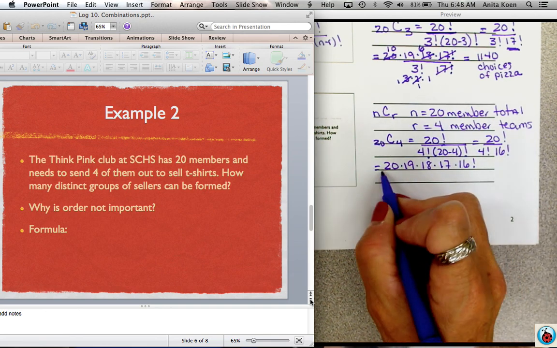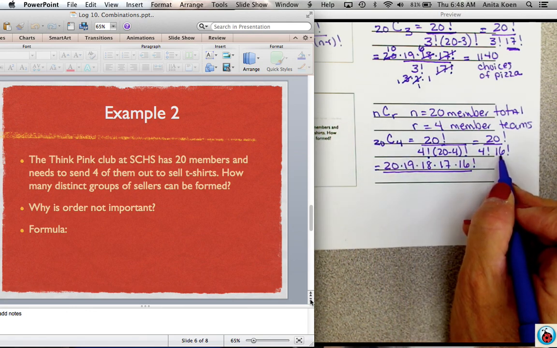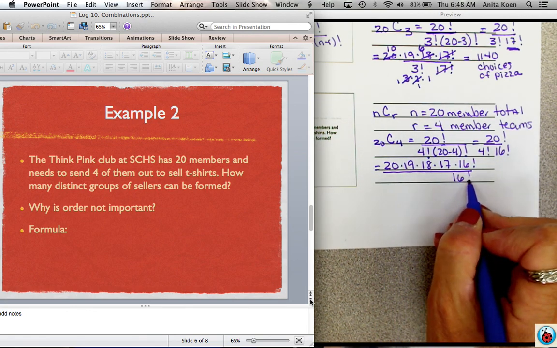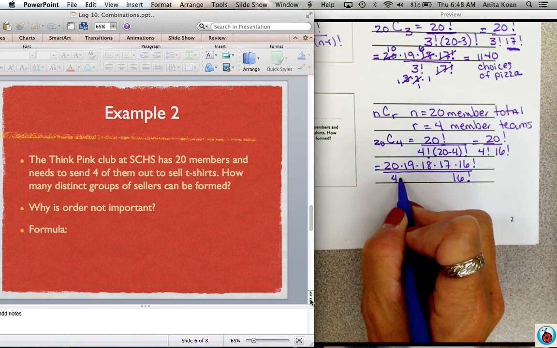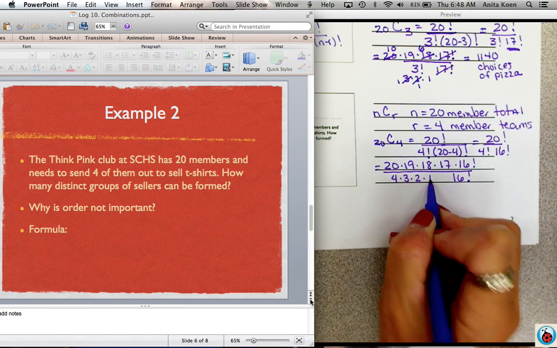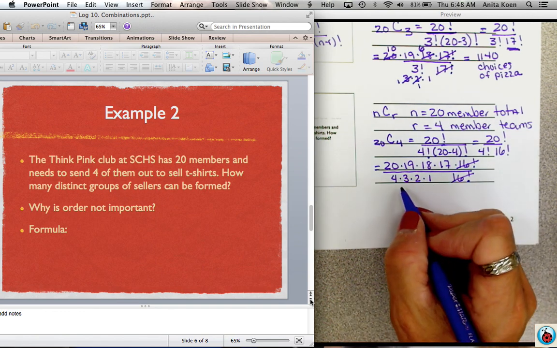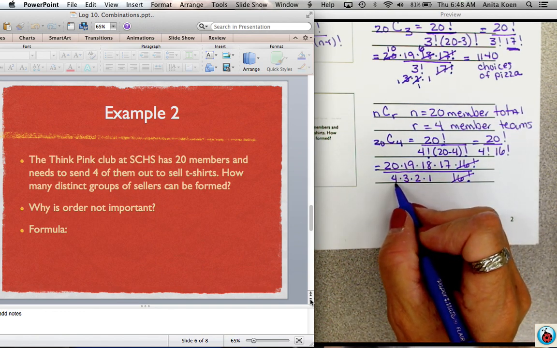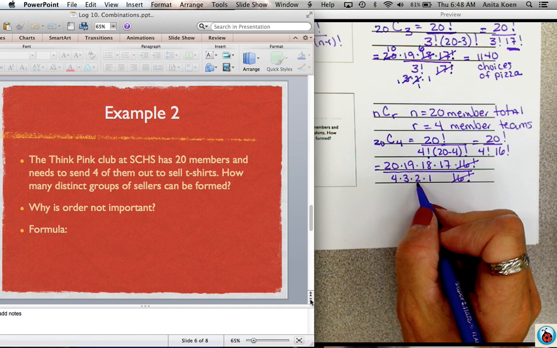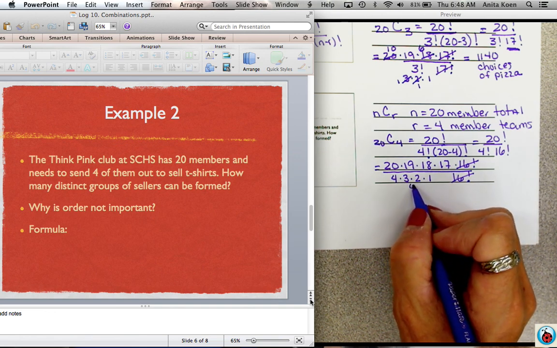I'm going to stop with 16 factorial because I see 16 factorial in the bottom and I know they're going to cancel. And then I have 4 times 3 times 2 times 1. 16 factorial cancels. And here I can see that I have 4 times 3 times 2, well, 3 times 2 is 6. Okay, this is a 6 right here.